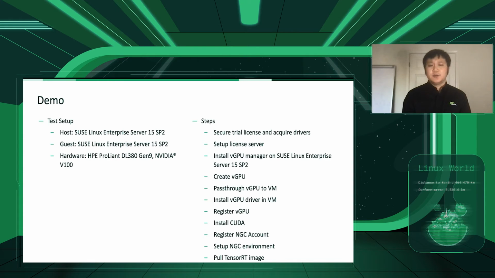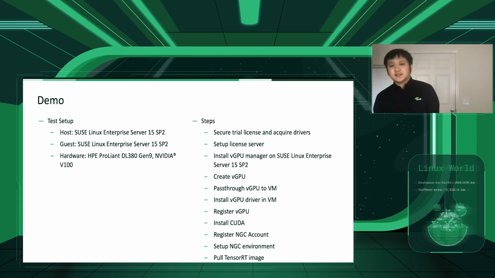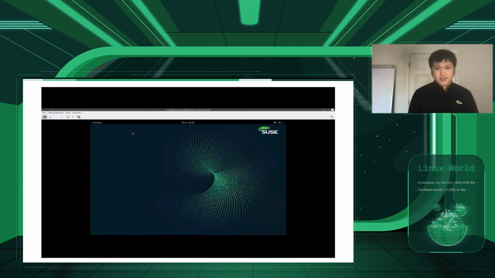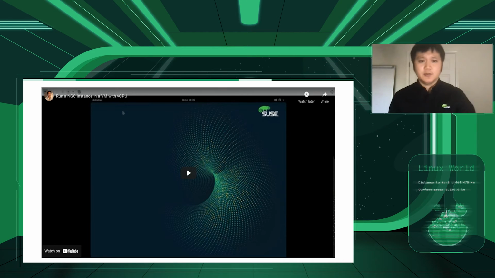Then you set up a license server locally and configure your vGPU inside the VM. After that, you just set up your AI application here. We are using the NGC service provided by NVIDIA. Anyway, let's have a look at this demo.